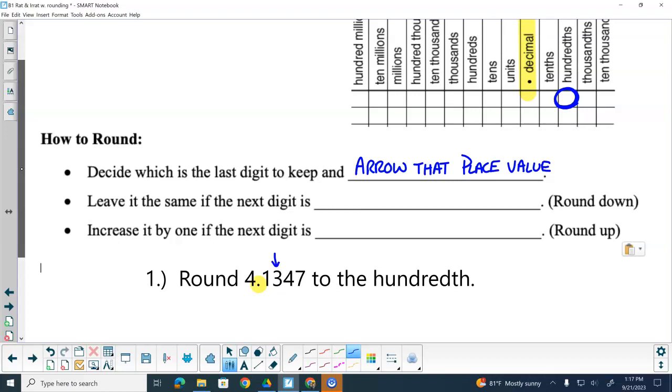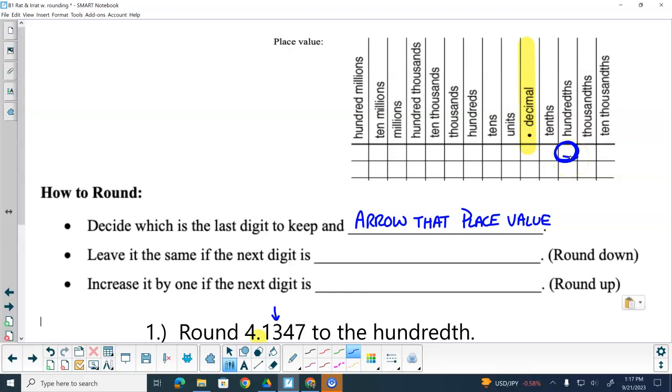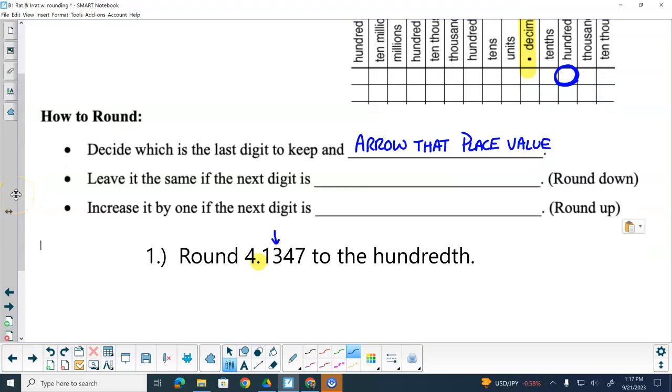Then I look to the right one spot, at that next number.